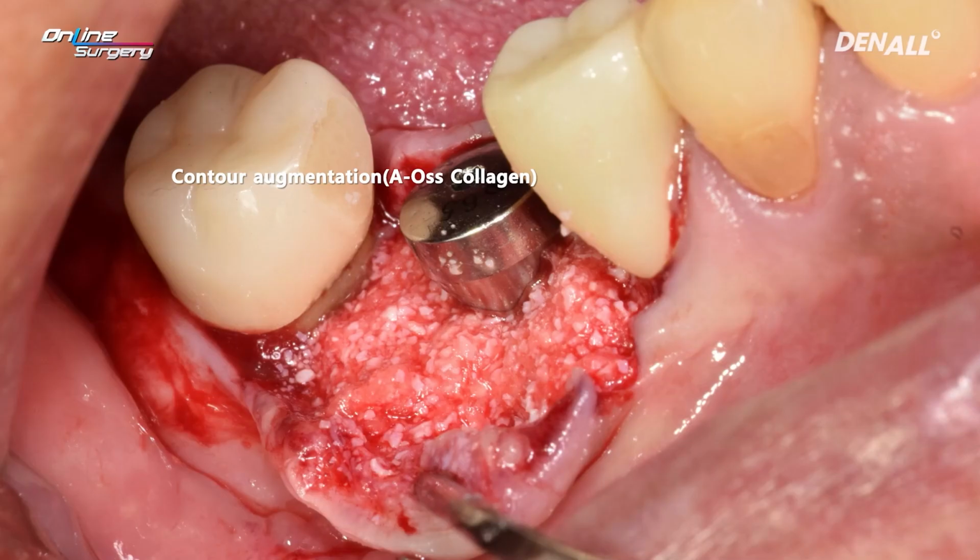So the implant position is determined like this, and EOS collagen is used. Particulated bone can be used, but in this patient, the defect is a contained defect, and the volume stability can be gained from adjacent bone. Particulate bone can move around, so EOS collagen is applied in this case.